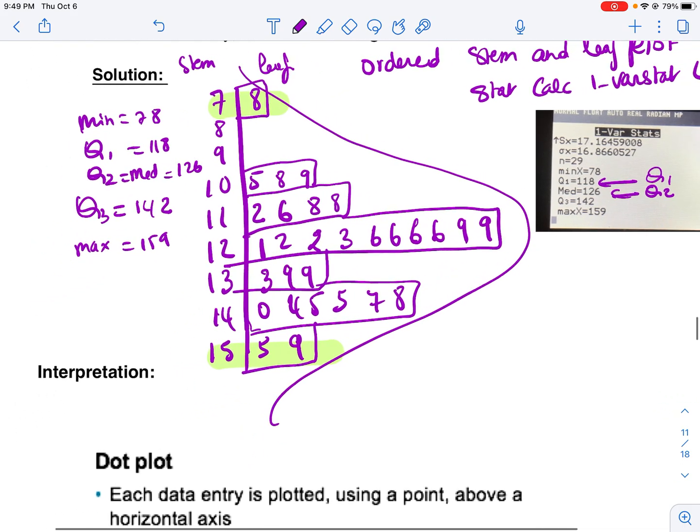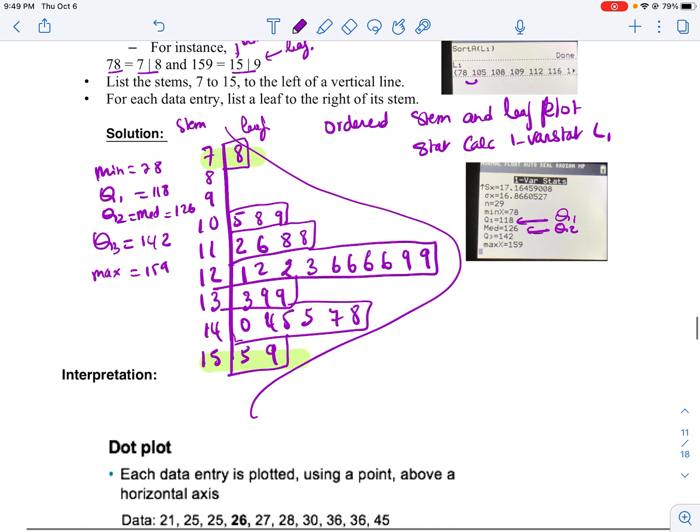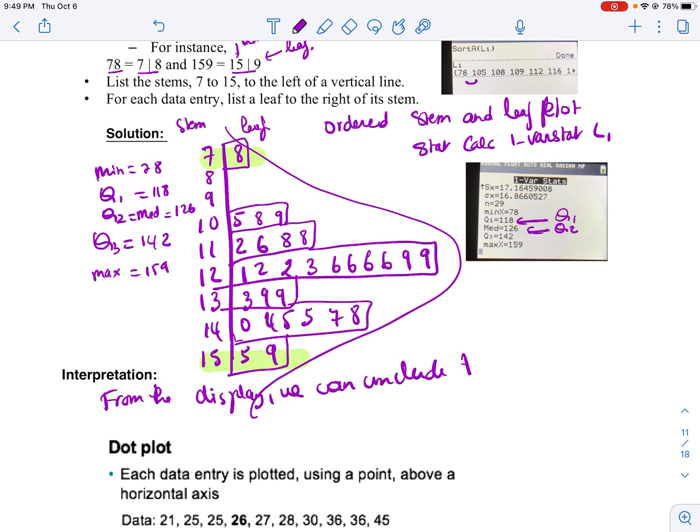Now, an interpretation of it, there are many interpretations as long as they align with your data, with your findings. So from the display, right, we can conclude that cellular phone users in this dorm sent at most.